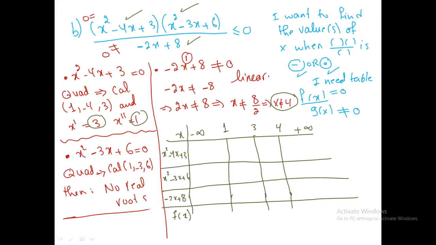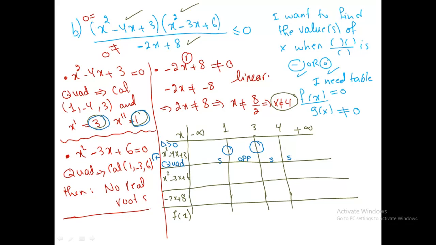What about the signs? The first one here is a quadratic. It has 2 roots, so delta greater than 0. It has 3 and 1. We will put 0 at 3 and 0 at 1. Because two roots and delta greater than 0, inside the roots the sign is opposite and outside the roots it is the same sign as a.